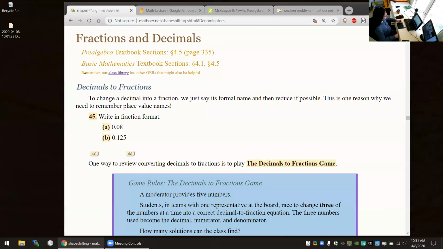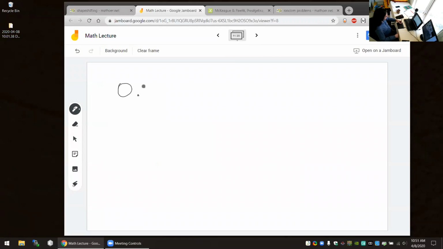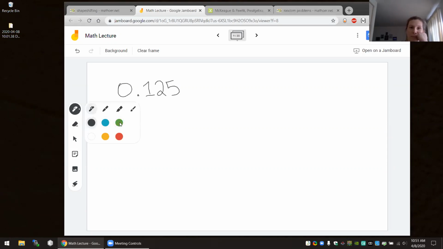The other example was this thing, 0.125. I can go back to the previous slide if anyone needs. How do I say this one? 125 thousandths. Yeah.